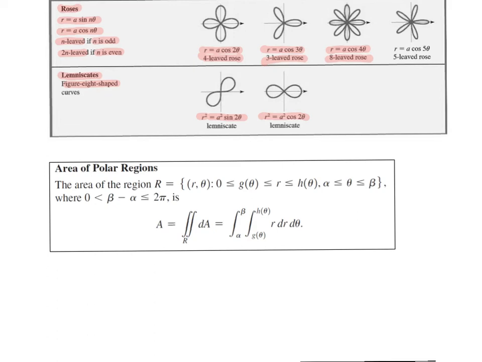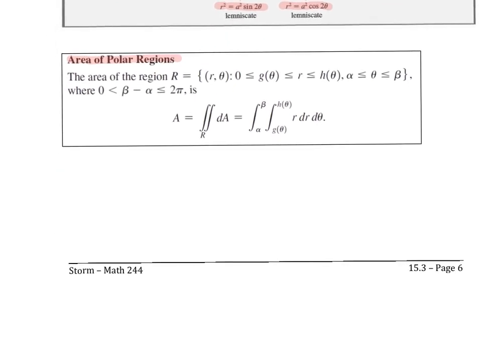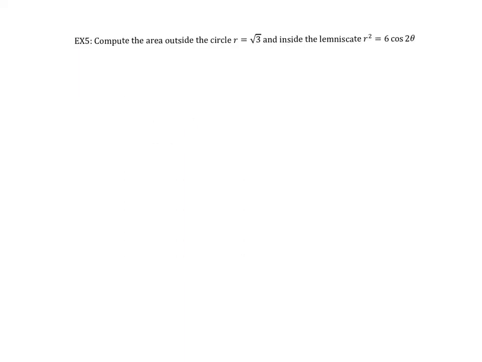Now remember, we were figuring out volumes, but we can also go back to figuring out areas using our iterated or double integrals. Remember, when we're figuring out an area as opposed to a volume, all we have to do is have an integrand of 1. So just be careful what you're being asked to find.